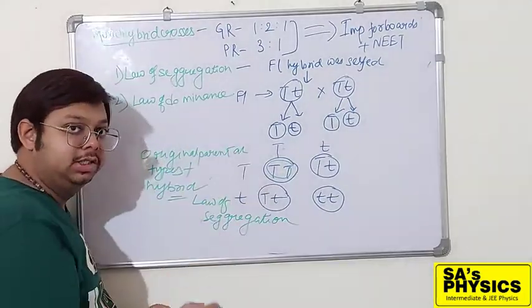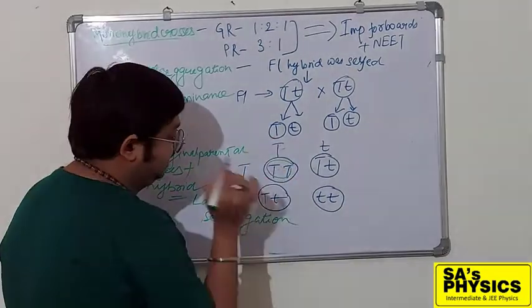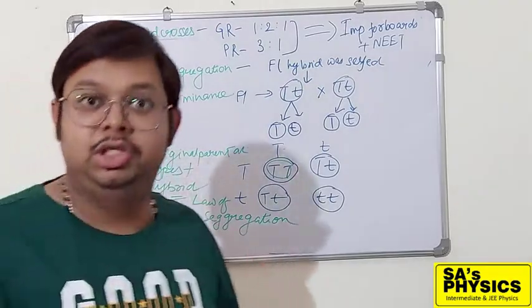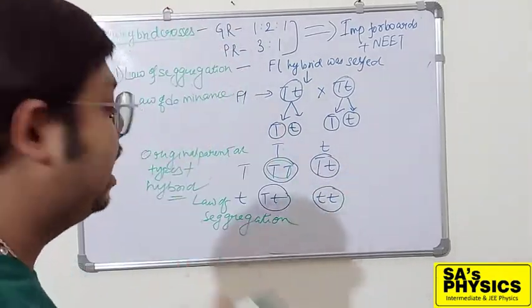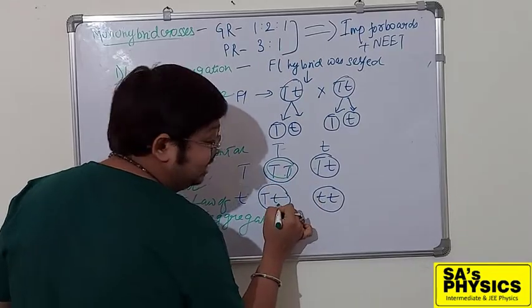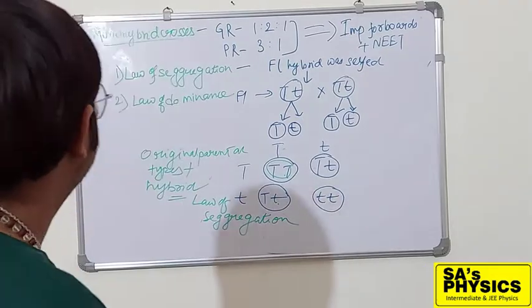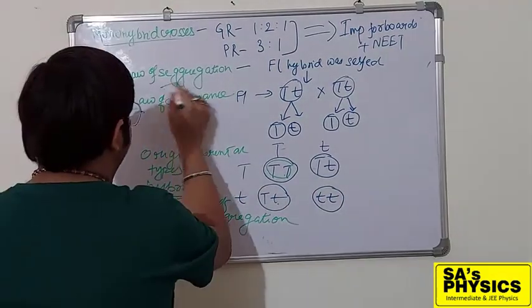Law of segregation states that the gametes will be segregating independent of each other and then recombining to form both parental as well as hybrid types. That is called law of segregation. That is Mendel's first law, you can say.